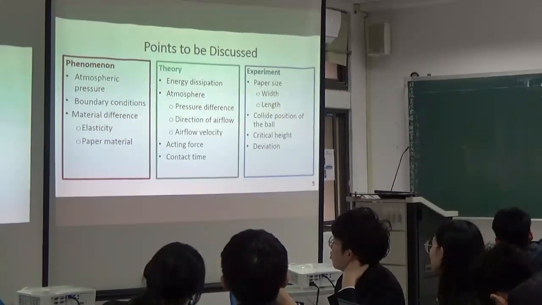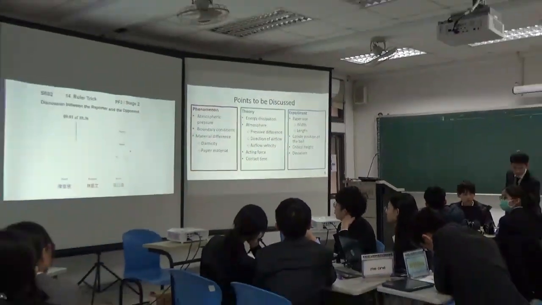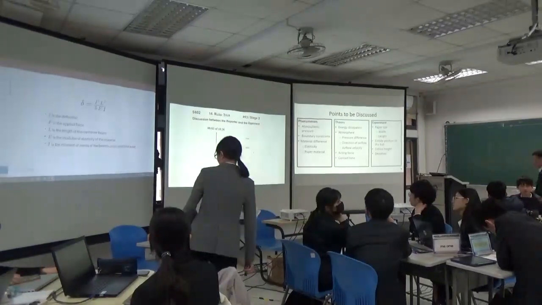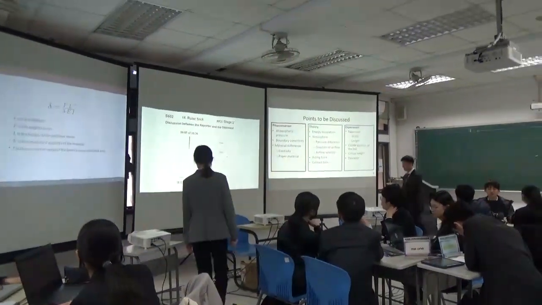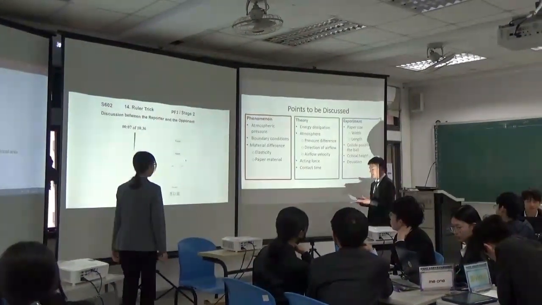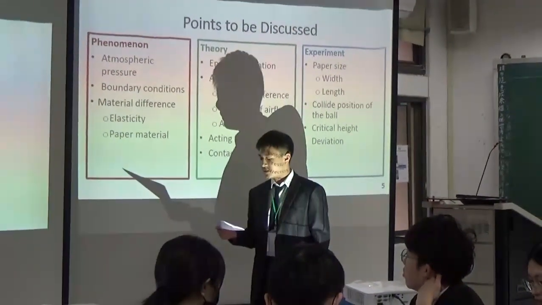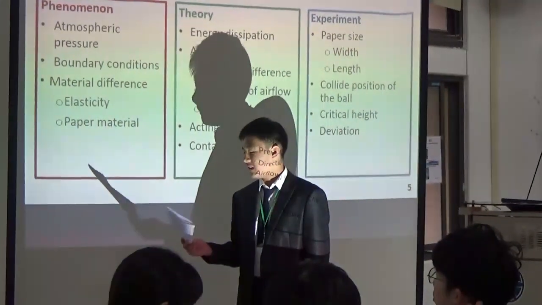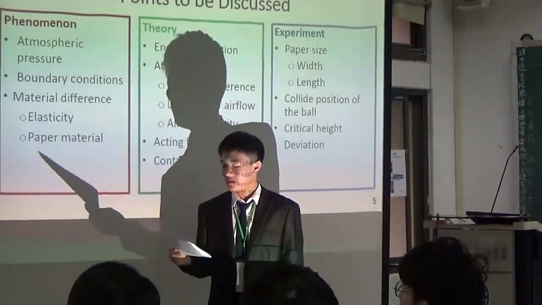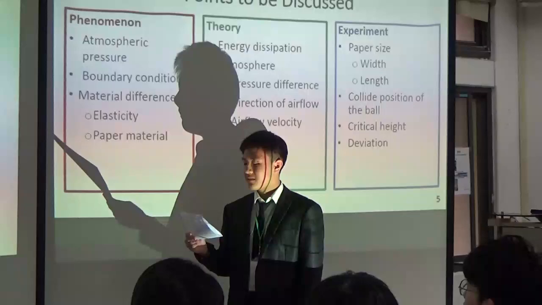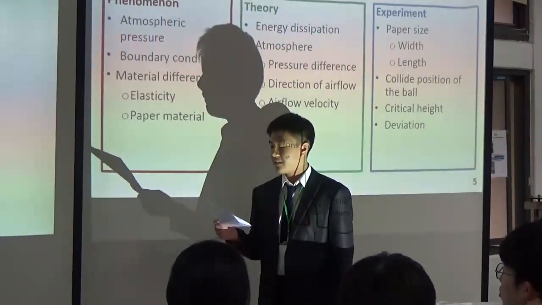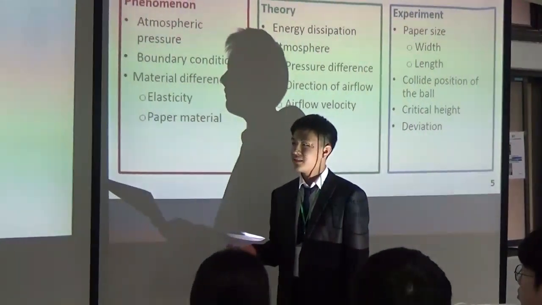Okay, that's right. Yes, so please start the discussion. Okay, so as you mentioned in your report, you said that atmospheric pressure balances the gravitational force of the ball acting on the ruler. So does air flow in the space under the paper upon colliding?